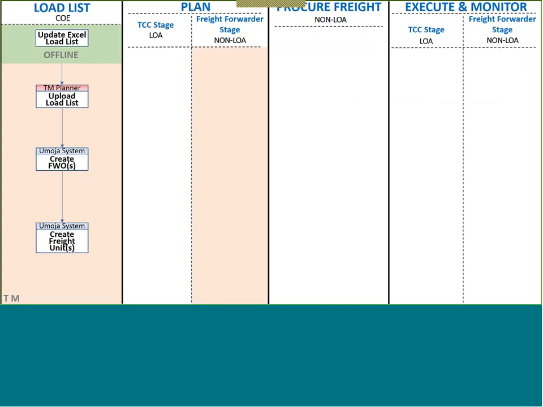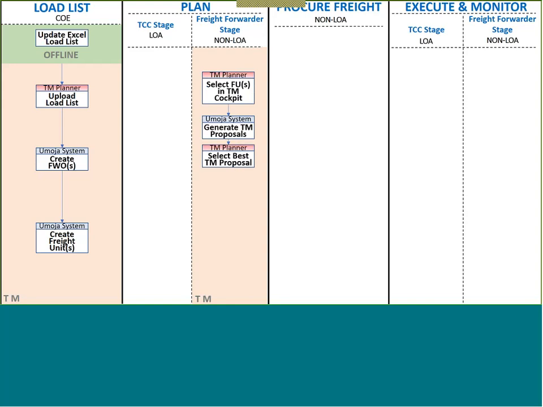So before we go into the system and look at both LOA and non-LOA, let's review what the non-LOA steps were. This would work just like yesterday for the EXW and FCA scenarios. We would select the freight units in the TM cockpit. Umoja would generate the proposals.